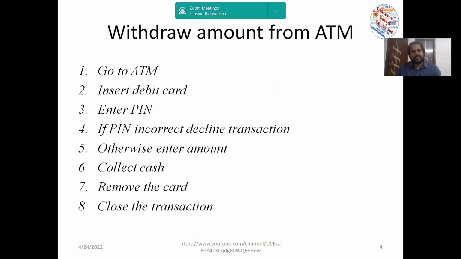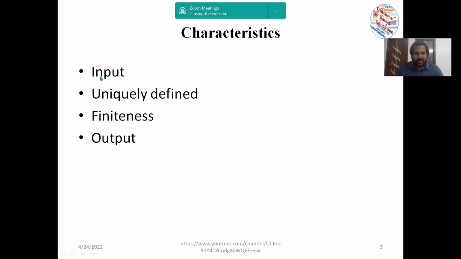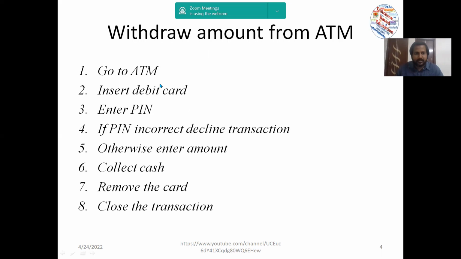For instance, now you want to create an ATM withdrawal program, then you have to understand what the input for this problem is. The input is inserting the debit card, and another input is entering the pin number. So these two are the inputs.